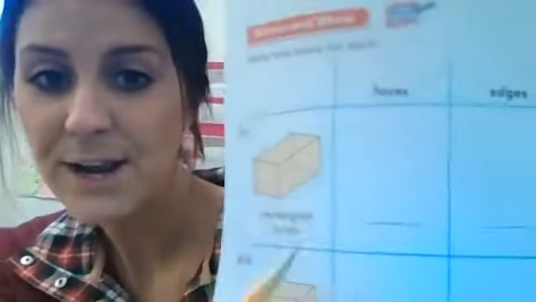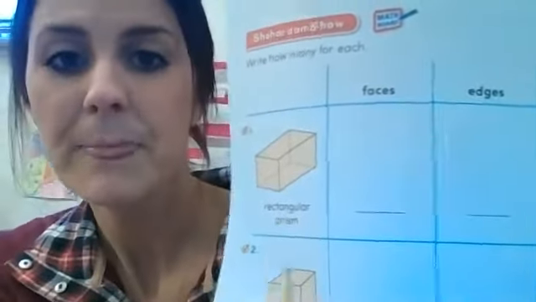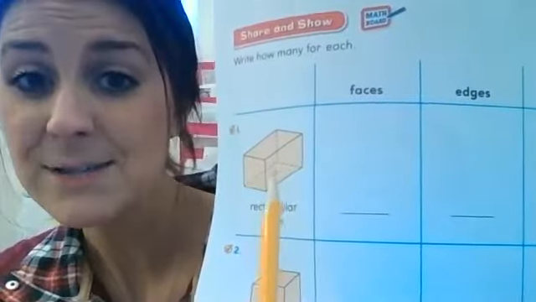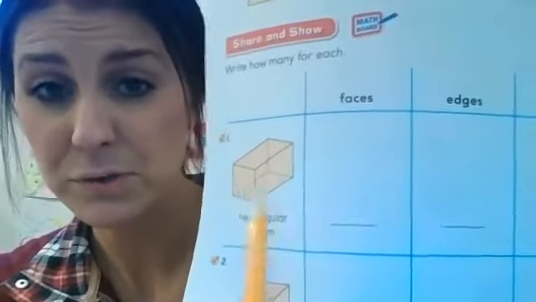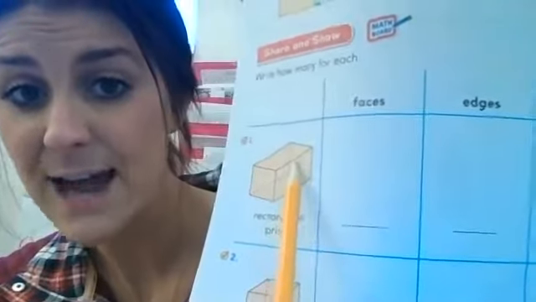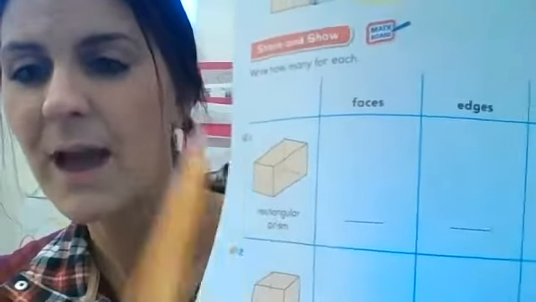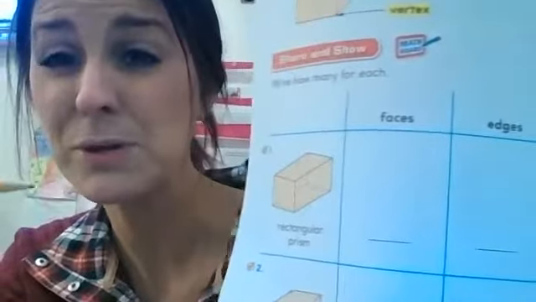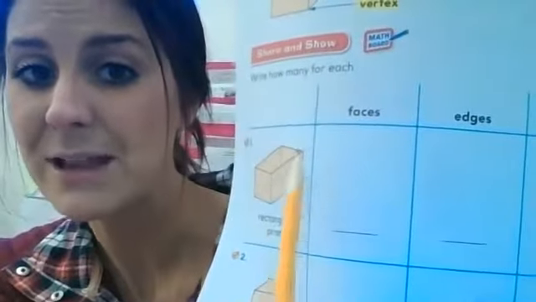If you look right here at our rectangular prism, first we need to find our faces. Remember, faces are not sides like on a two-dimensional shape. I don't want to say they're not sides because they are sides, but when we talked about sides with two-dimensional shapes, we were talking about these lines.